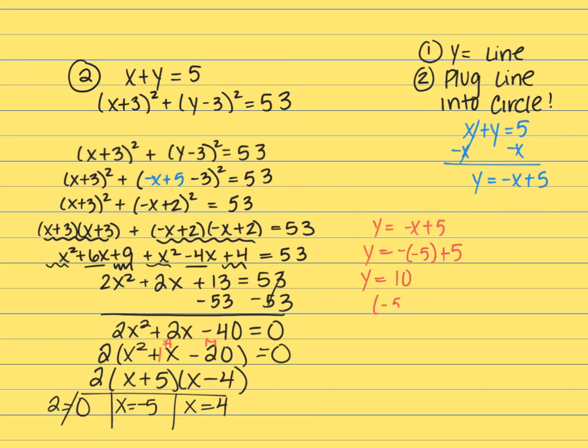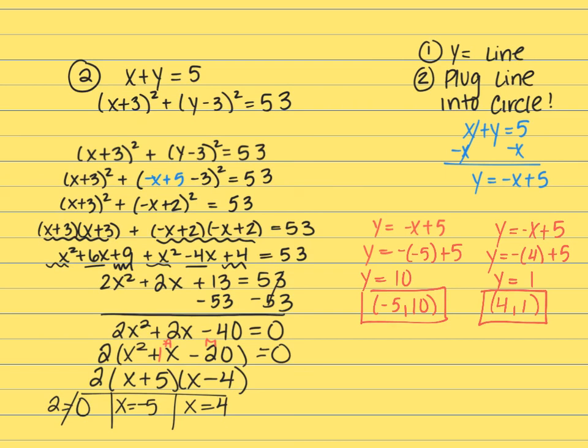So you plug in a negative 5, you get out 10. The next one is y equals negative x plus 5 again. And my x is 4, so negative 4 plus 5, and your answer there is 1. So I plugged in 4, got out 1, and those two are my final answers.